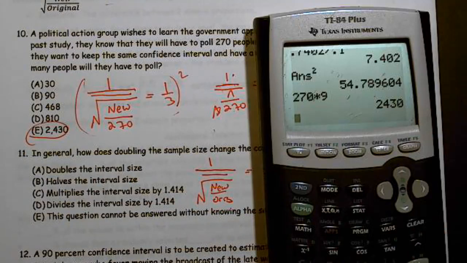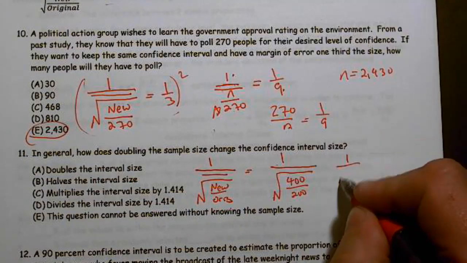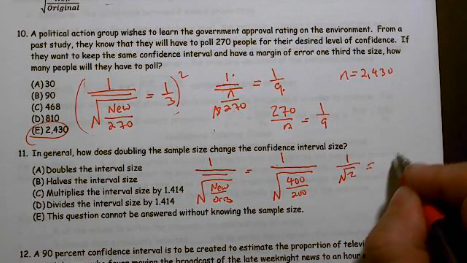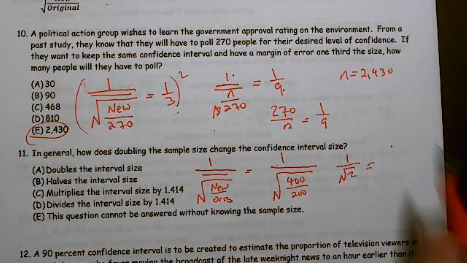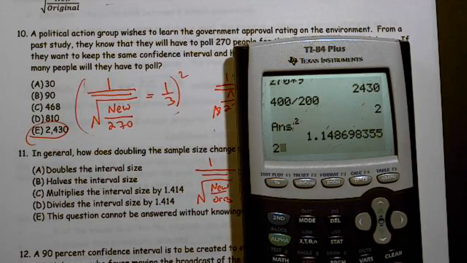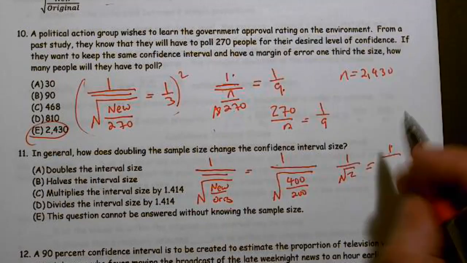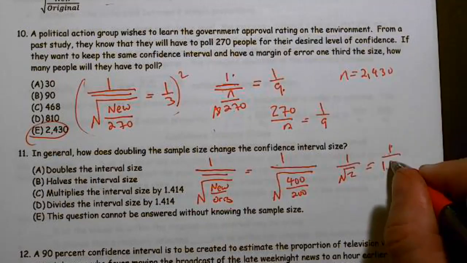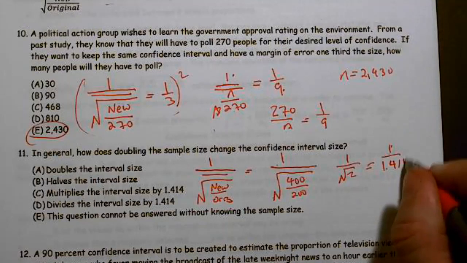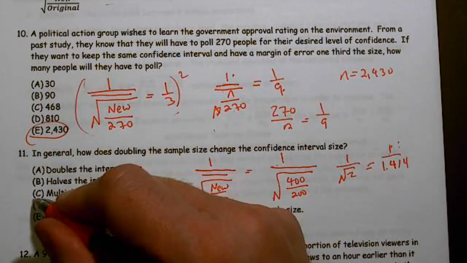Well, 400 divided by 200 is 2. So we end up with 1 over the square root of 2, which is 1 divided by 2 raised to the 0.5, 1.414. So we're basically taking the original and dividing it by 1.414.